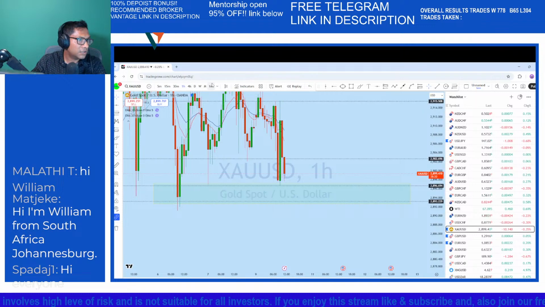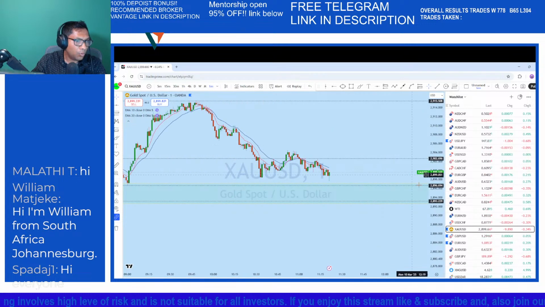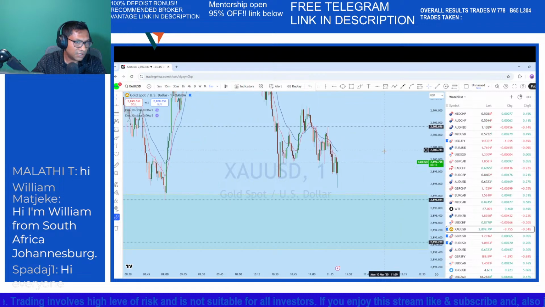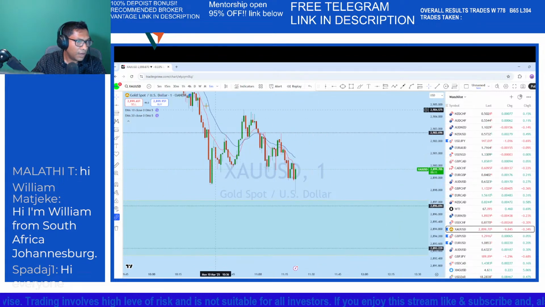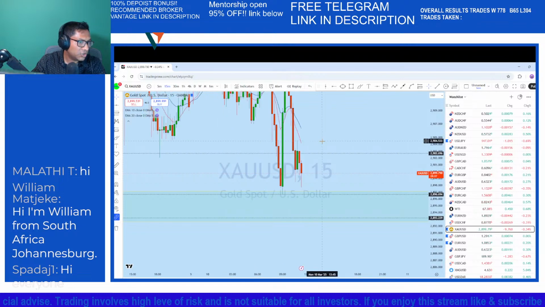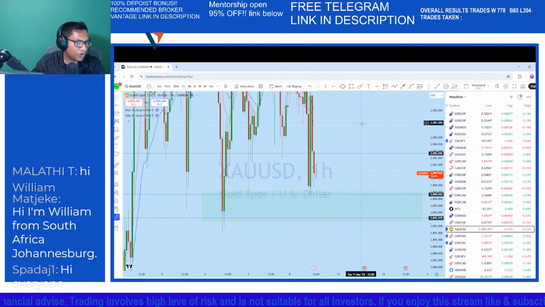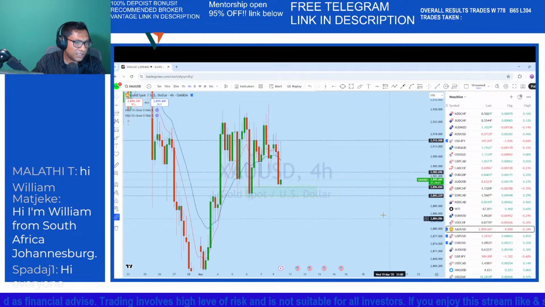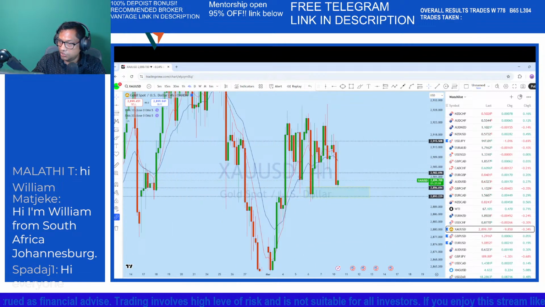This is the 1 hour support level. We can see from the 1 minute chart the market has just tested this low, and at the moment it's on a pullback. For potential entry, we look at the 4 hour, you can see the market has almost penetrated that low.